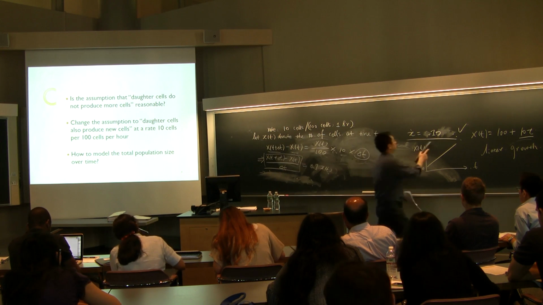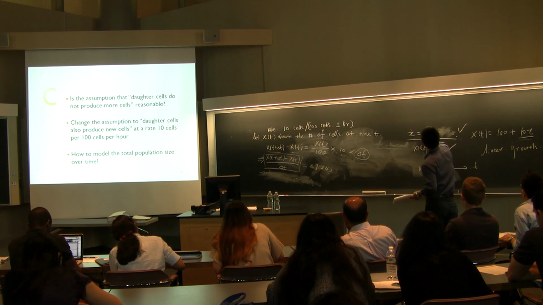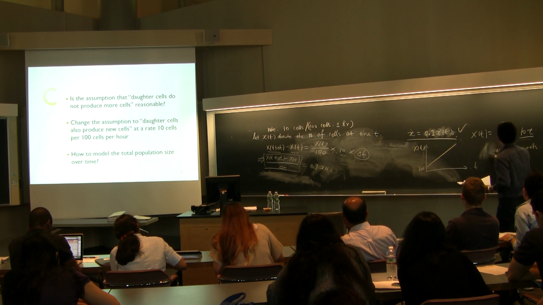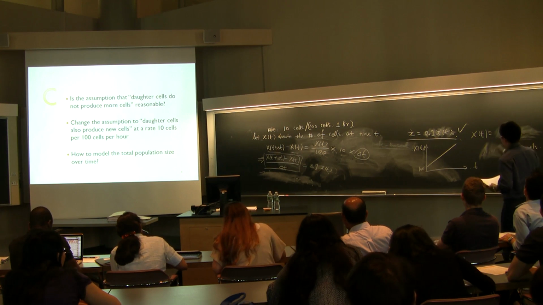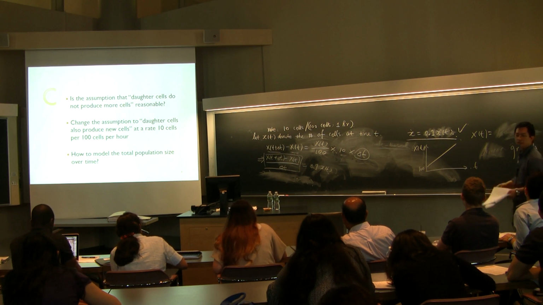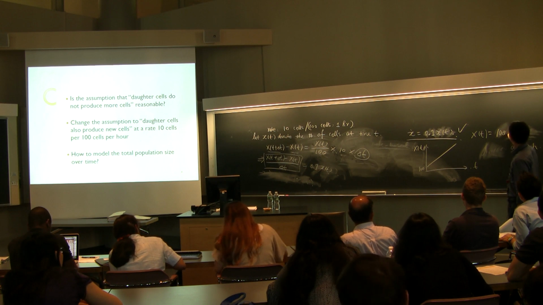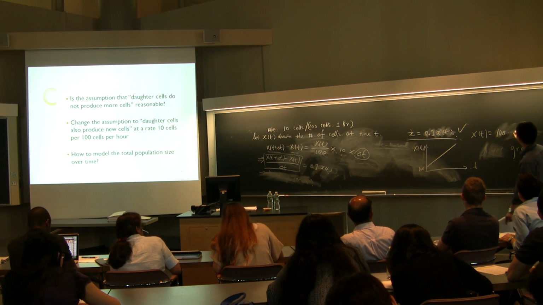And now this one will change to 0.1 x t. So this one also has a closed form solution, right? We start from 100 cells, and it's an exponential growth model.